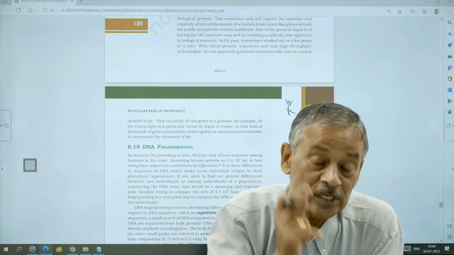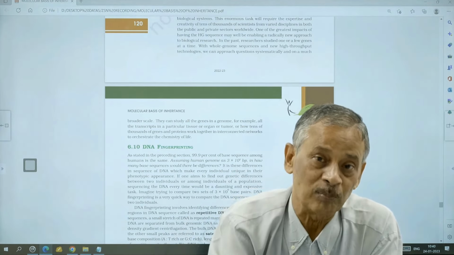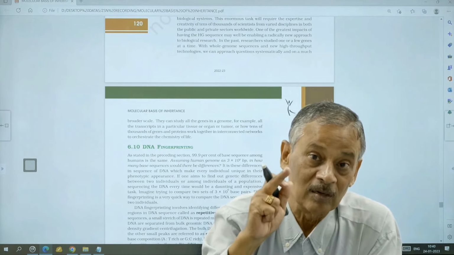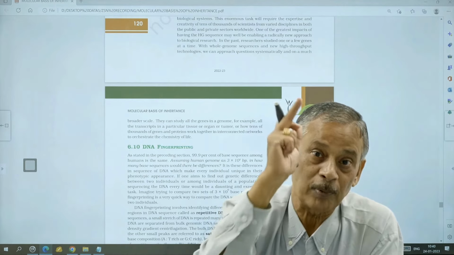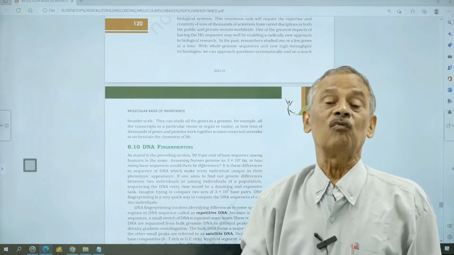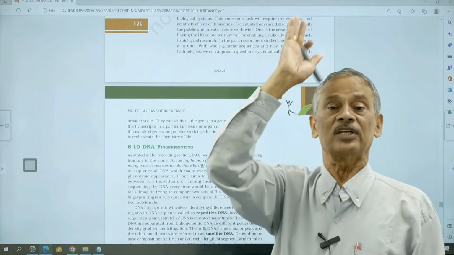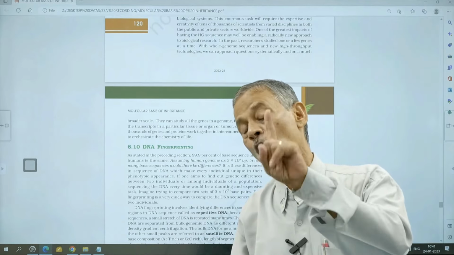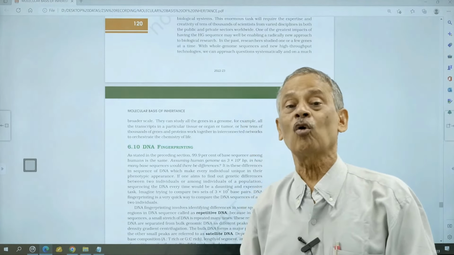Whereas a mutation occurring in the non-coding part, which is not at all responsible for a particular visible character, will remain in the population for thousands and thousands of generations without any change. So you have more change in the non-coding part.